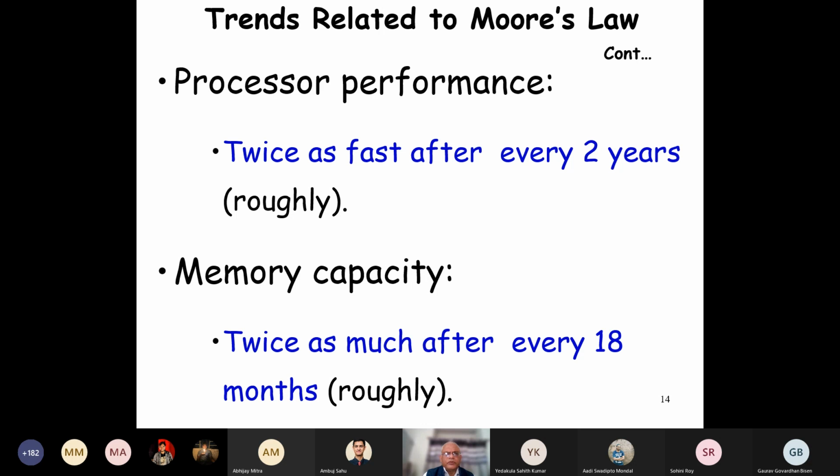How is it that the same transistor is being used, right? So how come the memory capacity, like the RAM, ROM, etc., is increasing much more rapidly? The cache memory, RAM, and so on, are increasing much more rapidly compared to the processor performance. Can anybody answer this question?